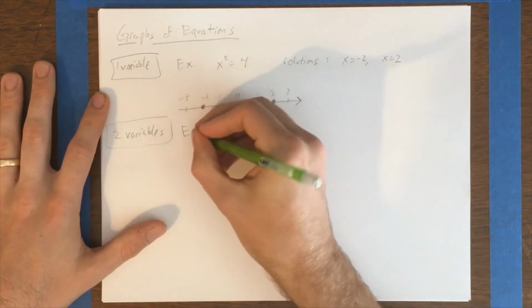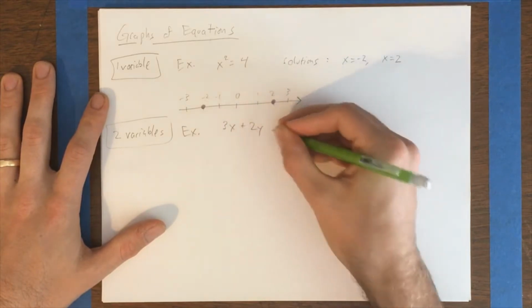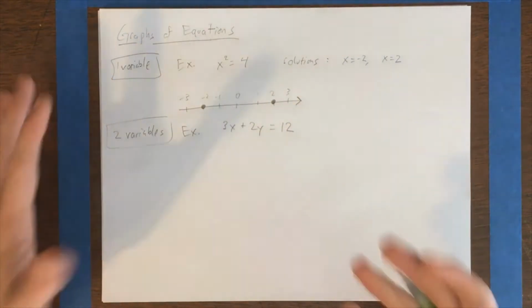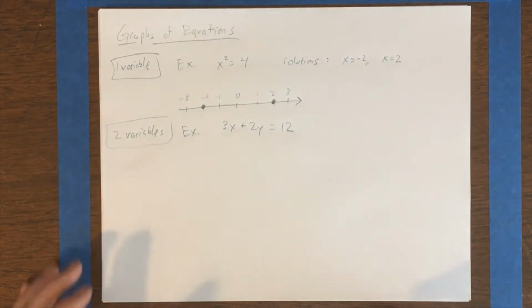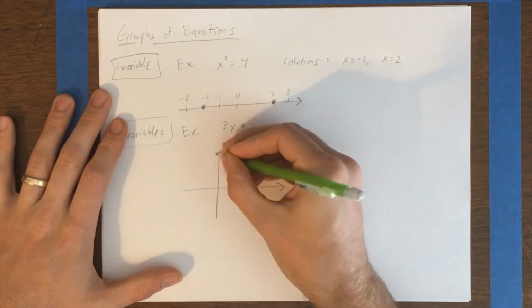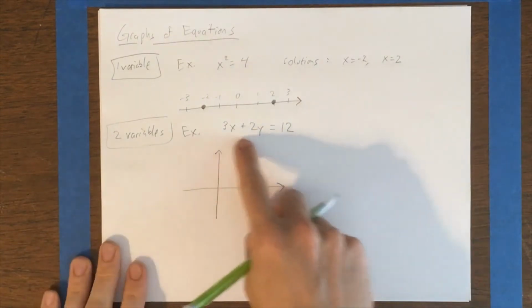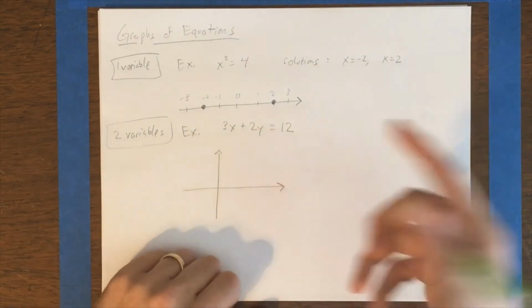For this one, I want to take the example 3x plus 2y equals 12. Again, the fundamental idea here is that we want to plot in our two-dimensional continuous space not some, but all the solutions to this equation. But what are those solutions?